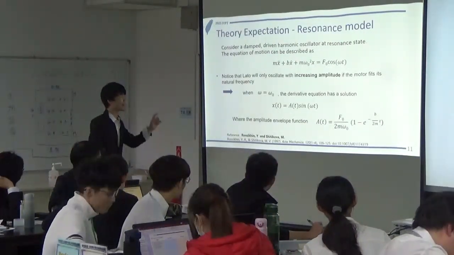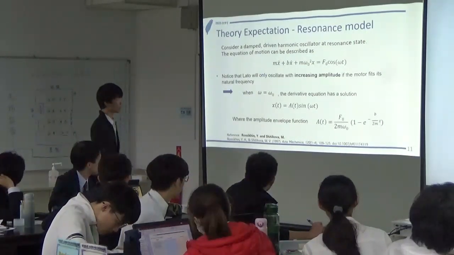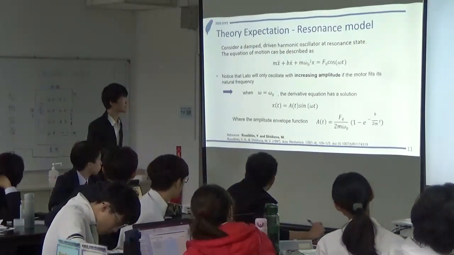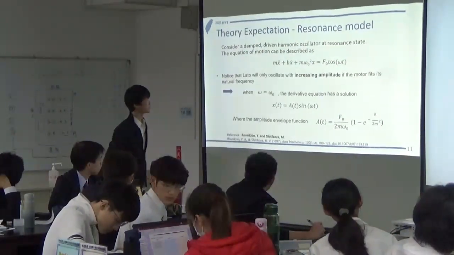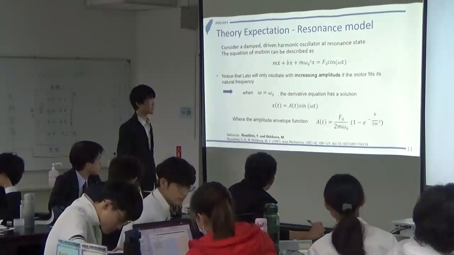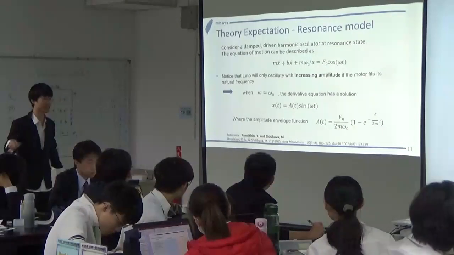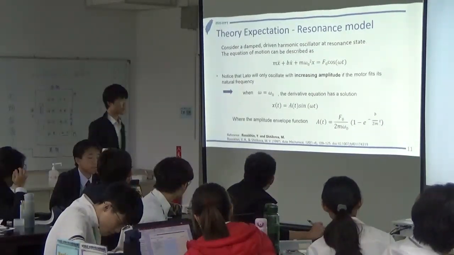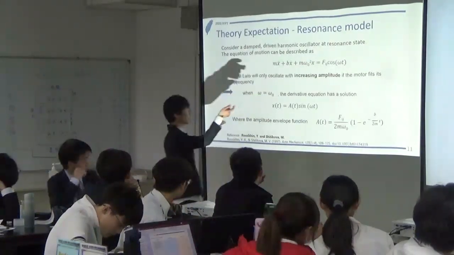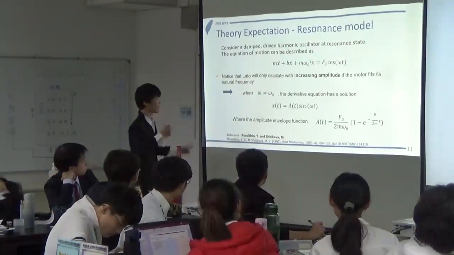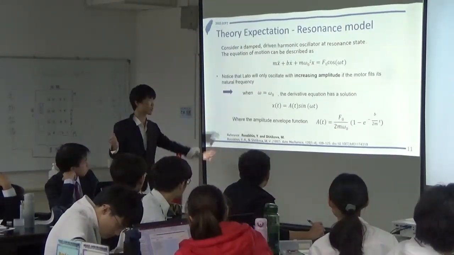Notice that the Lato will only oscillate with increasing amplitude when the frequency of the motor, that is omega, is the same as the pendulum's natural frequency, which is omega 0. And we can have the solution of it as a damping model.